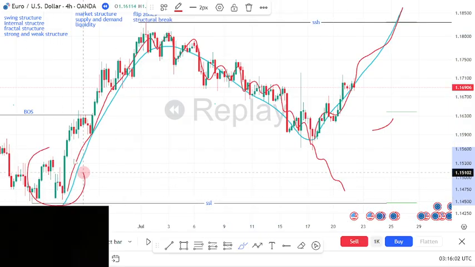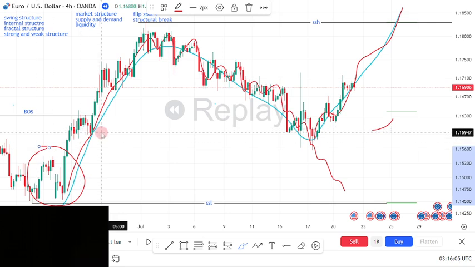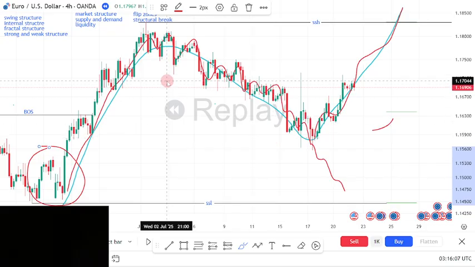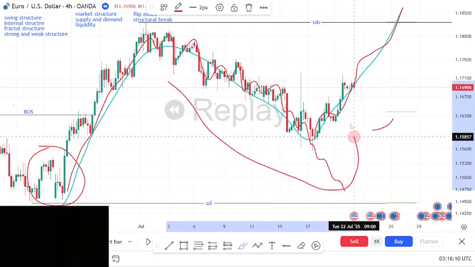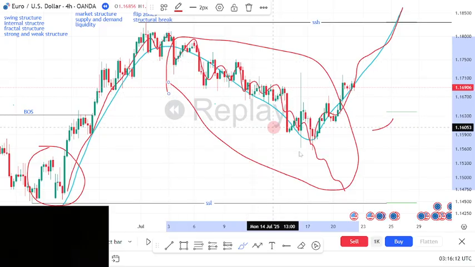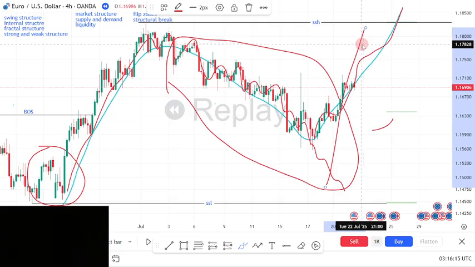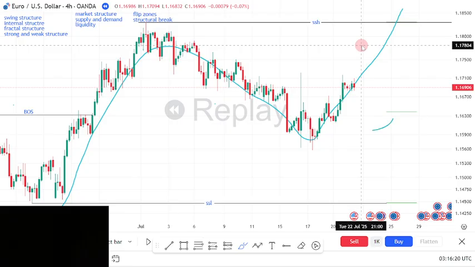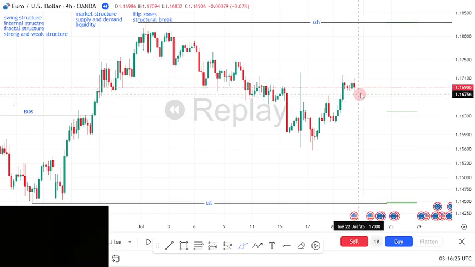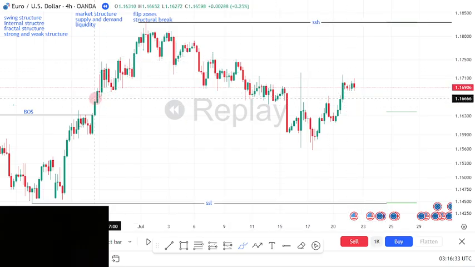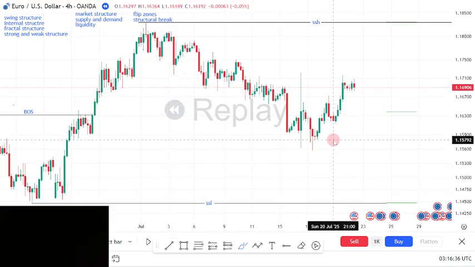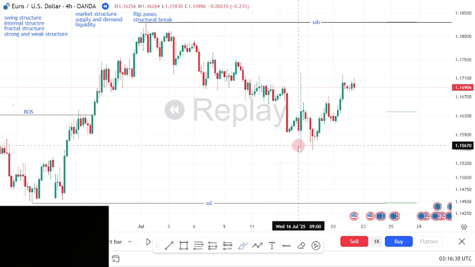this demand zone. But I know that the larger we pull back, the deeper we pull back into this zone, the higher the probability that the move will end.